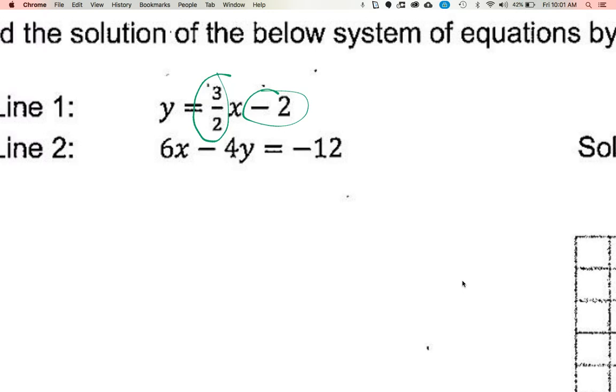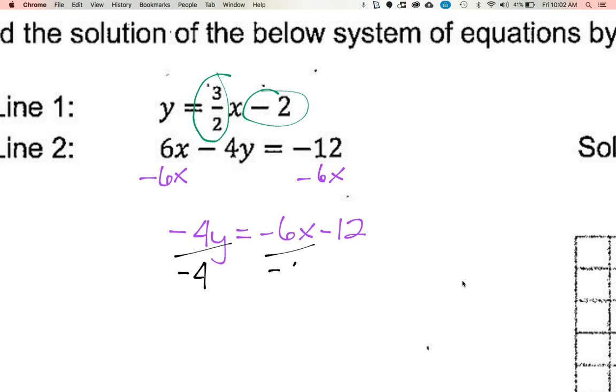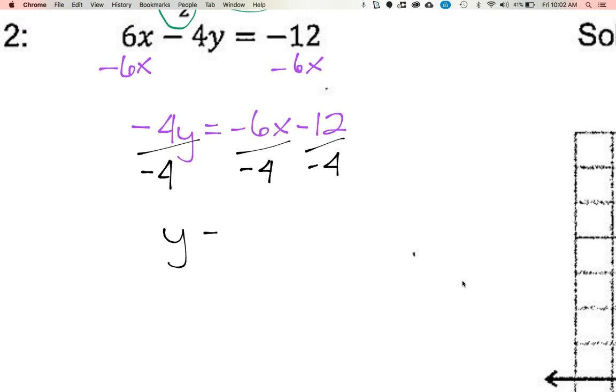The next equation, I need to do a little bit of work. I'm going to subtract my 6x to the other side. That's going to leave me -4y equals -6x minus 12. Divide everything by -4. So y equals that. This part right here simplifies down to 3/2 x plus 3.